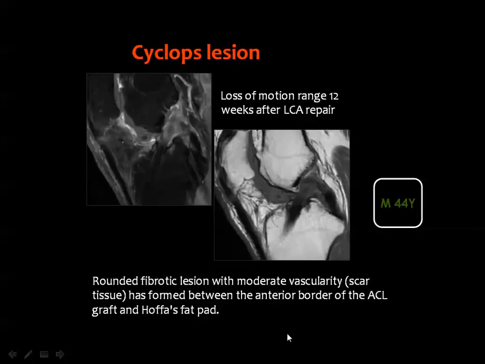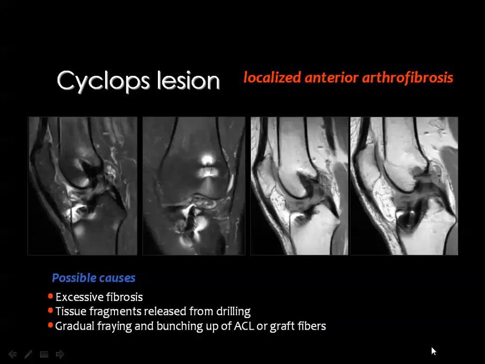There are some series for this cyclops lesion, and this is also an example. This is the ACL graft, and this is the site of cyclops by T1 and by STIR images. These are the suggested possible causes of cyclops lesion.